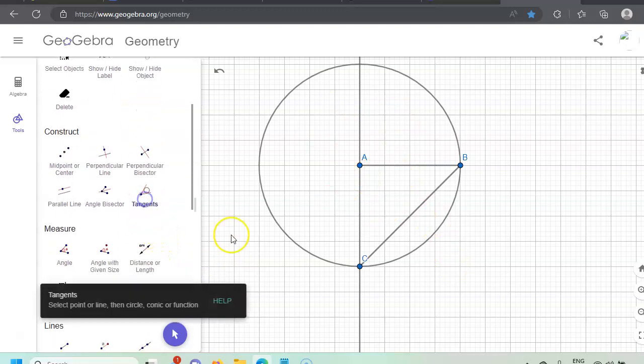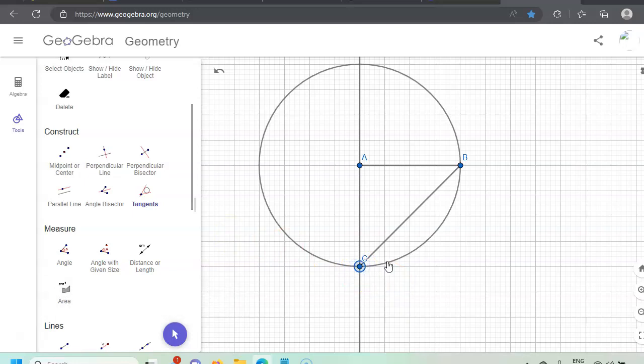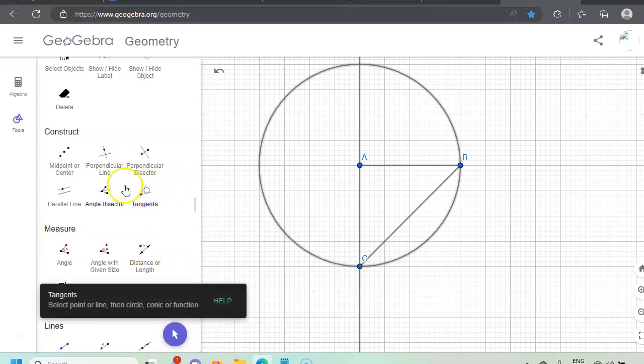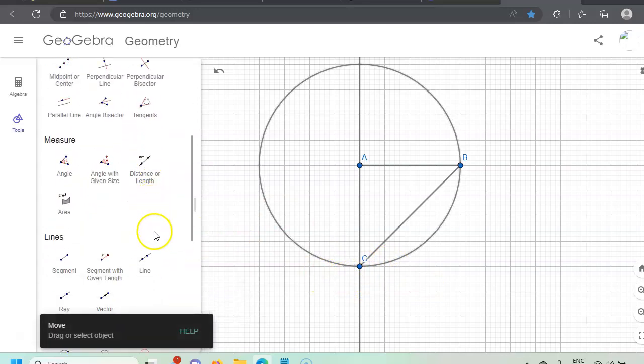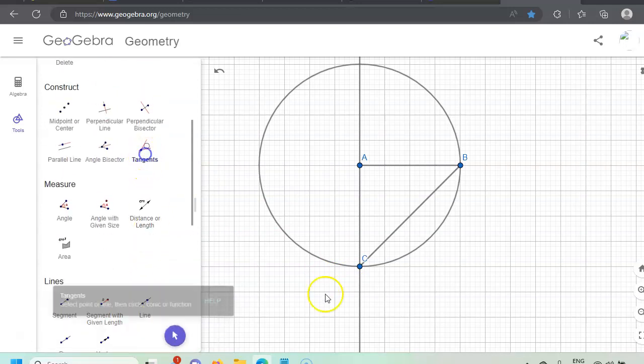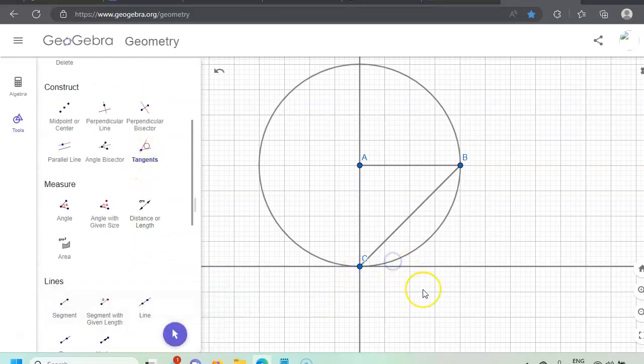So we are going to form a tangent line of this circle with point of contact C. So click on tangents and then C and then the circle. Okay, so again, let's do that. Tangents and then the point of contact and then the circle. So that's the tangent line.